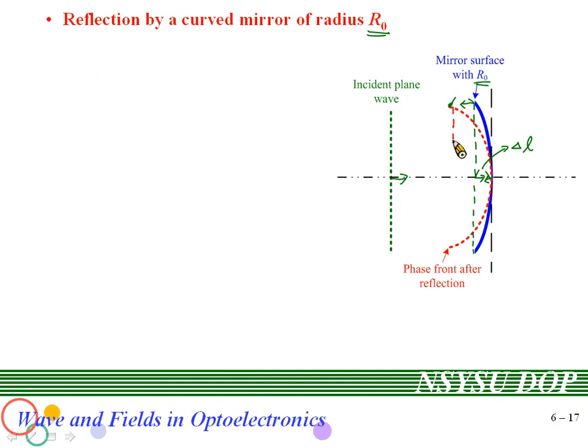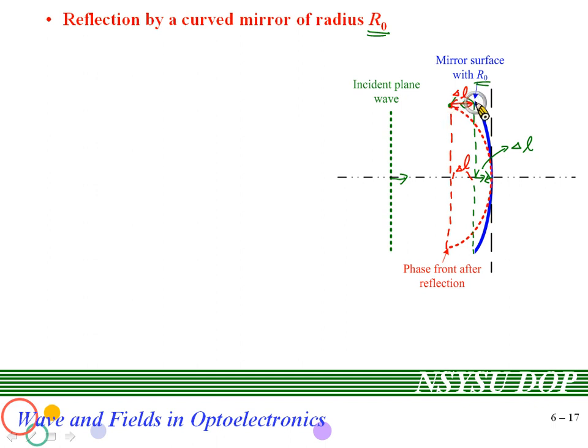And clearly the distance here should also be delta L, right? Because the center point propagates delta L distance and starts to go backward, and this point has propagated with the same velocity.